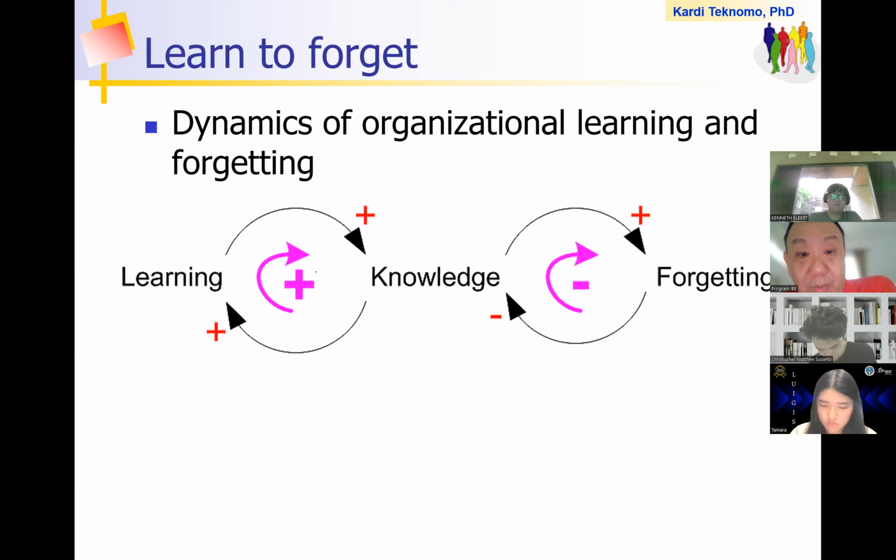Okay, so here again you have positive and negative feedback loops. The more learning, the more knowledge that you have, isn't it? The more knowledge you have, the more you forget. Of course, but the more you forget, the less knowledge you have. The more knowledge you have, the more it encourages you to learn more. So now the question is, which one is faster?